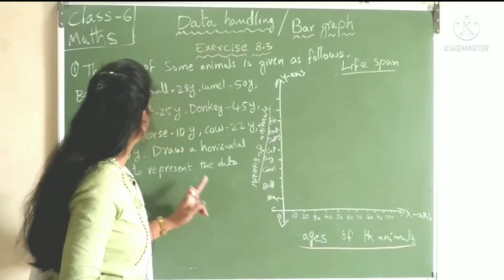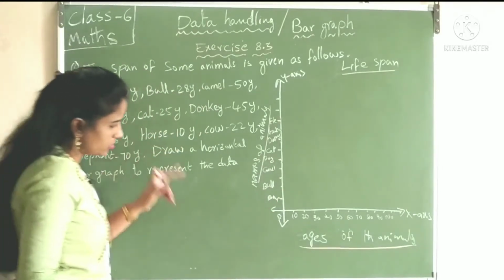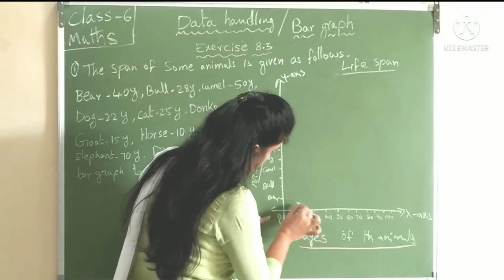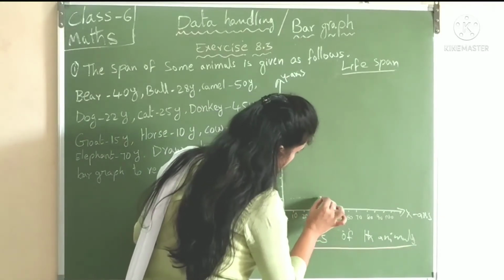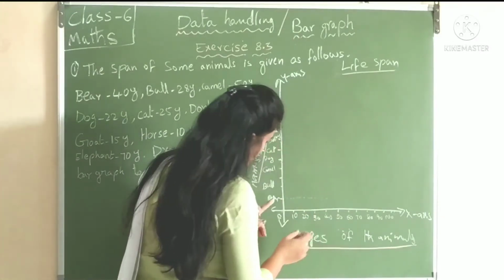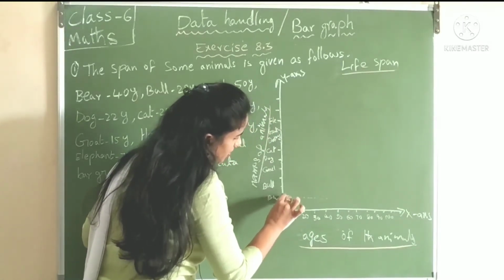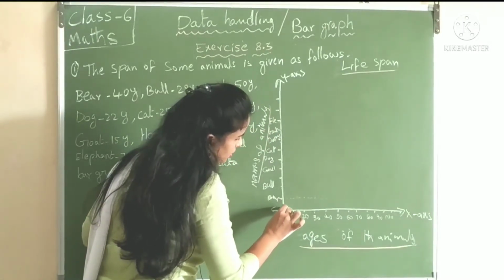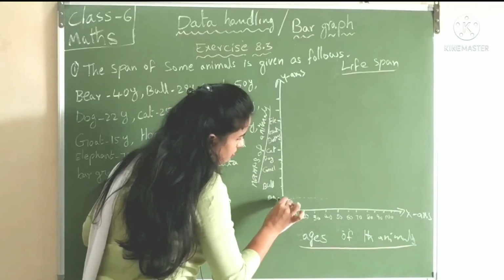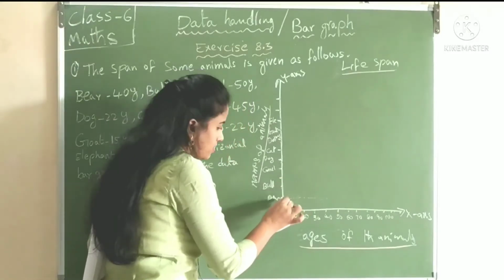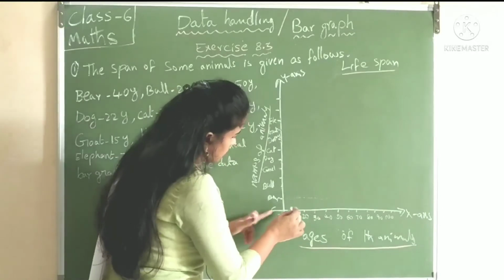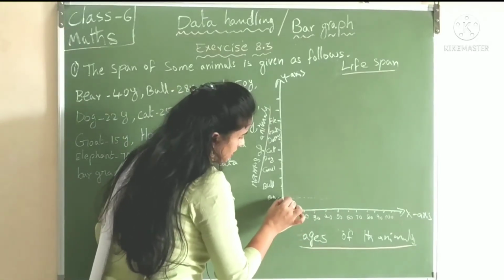Bear has how many years? 40 years. So where is 40? See, this is 40. You select in between. There are 5 numbers, 0 to 5 and 5 to 10, like that.